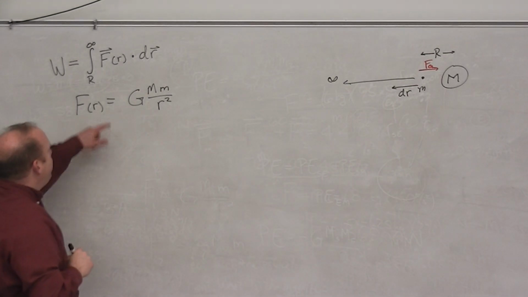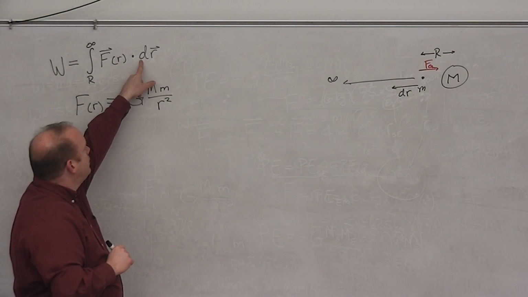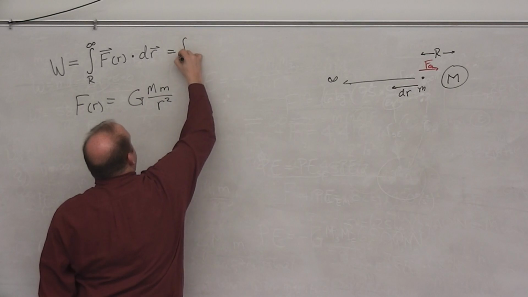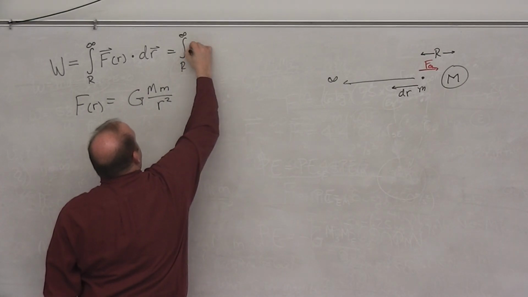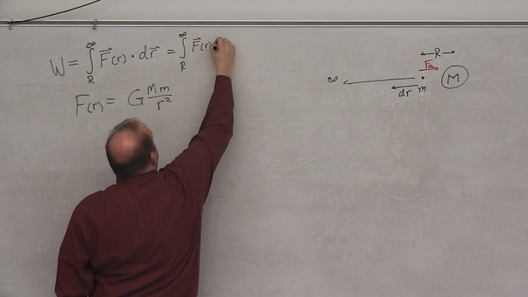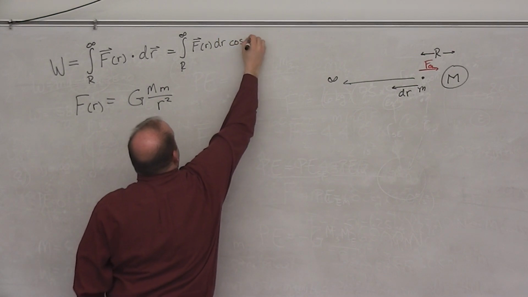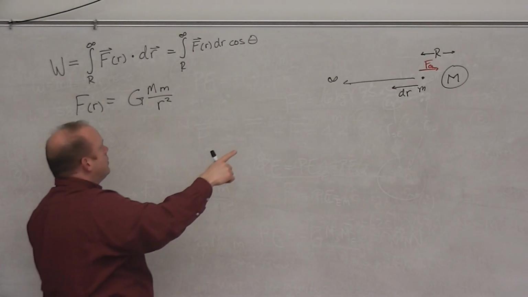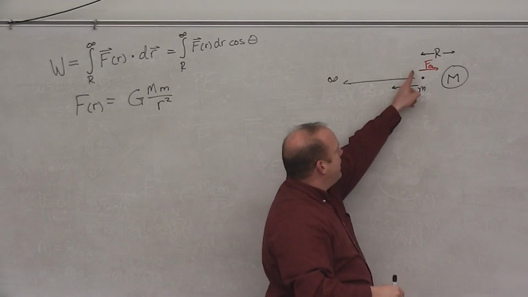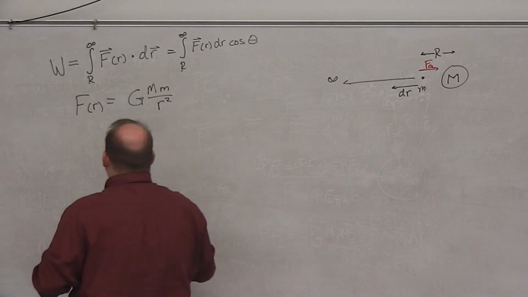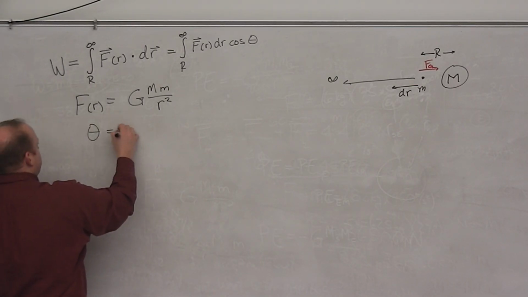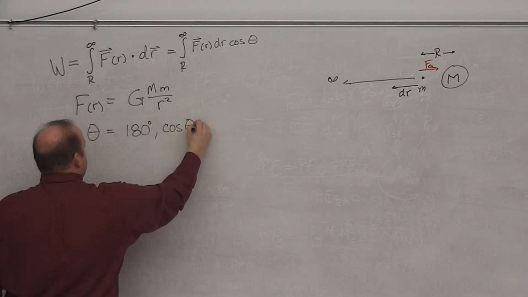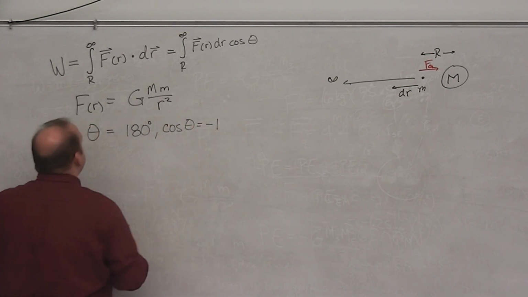Now, we have to get this dot product. We want to convert that dot product, so we're just going to call this F(r) dr cos theta. Now, the angle between dr and the force of gravity, theta, is equal to 180 degrees. So the cosine of theta is equal to negative 1.